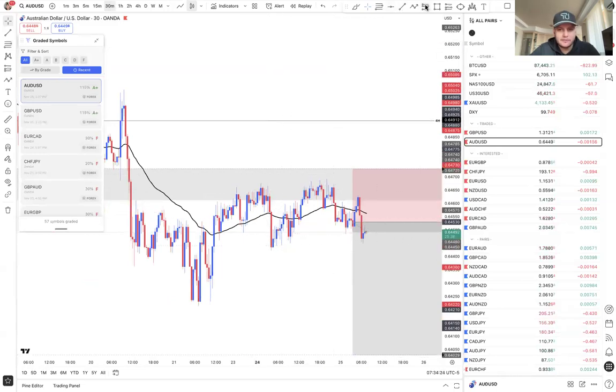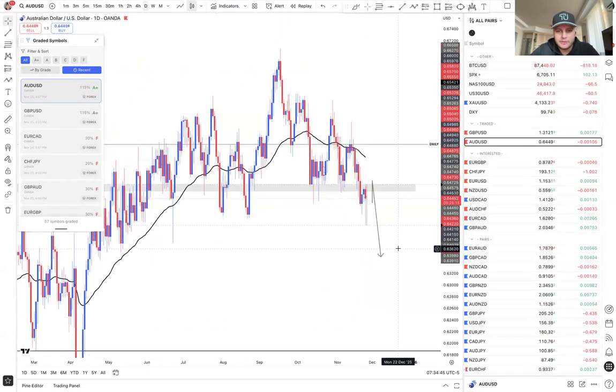At this point, we're kind of creating a head and shoulders on AUD USD. I'd like to see price just pull back and continue to sell. So just waiting on that to happen at this point.